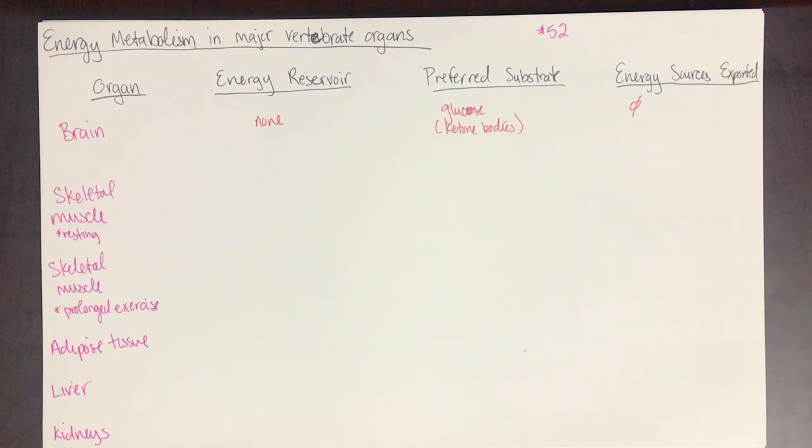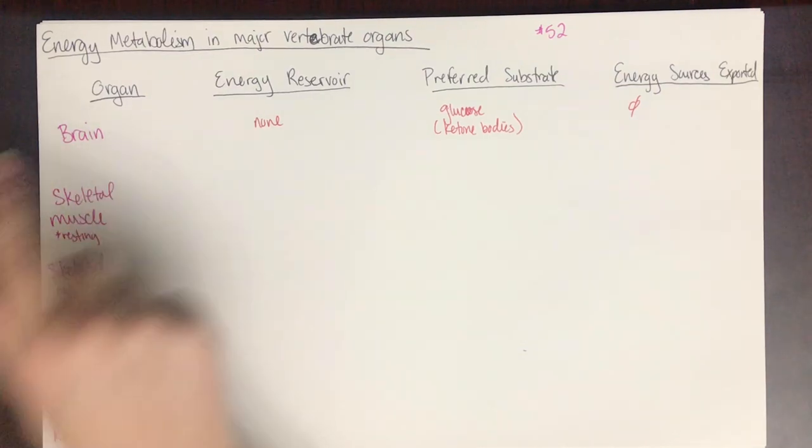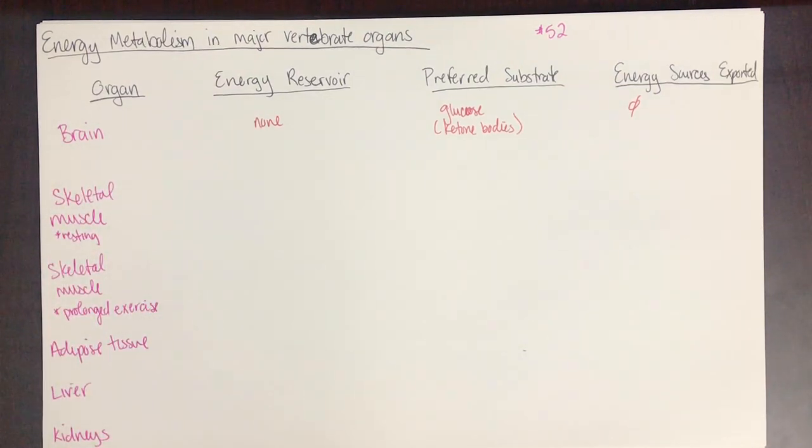So the brain definitely uses the most oxygen out of any, well, probably per body mass. The brain is only about 2% of our body mass, and it uses about 20% of the oxygen that's consumed.